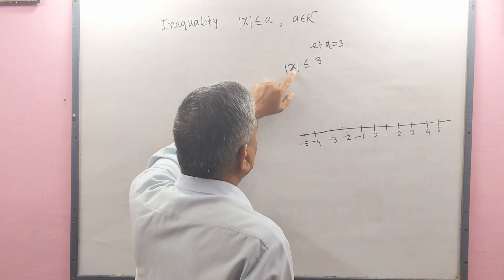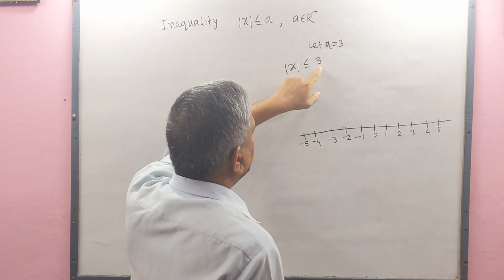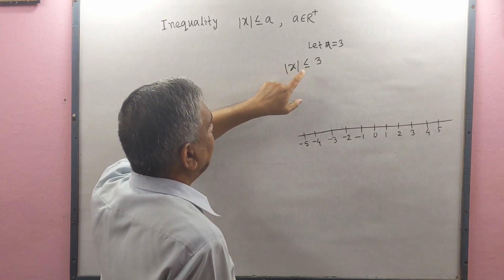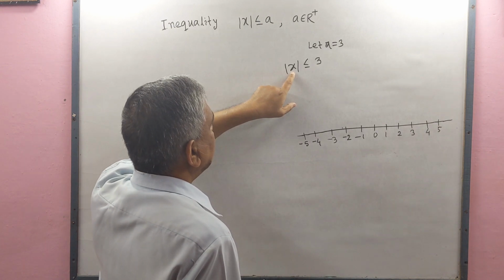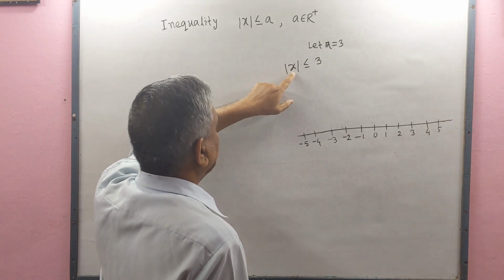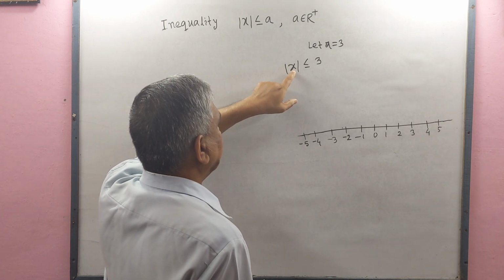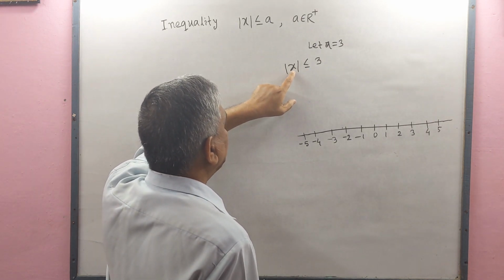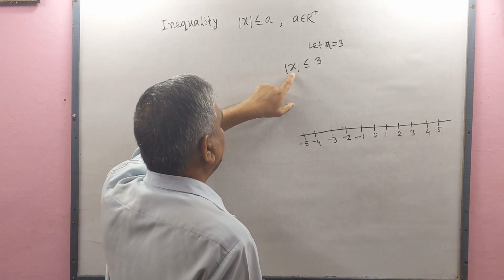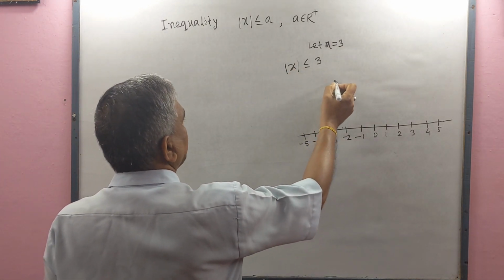If we put here 0, it is satisfied. If we put 1, modulus of 1 is less than 3. If we put 2, modulus of 2 is less than or equal to 3. For x equal to 3, modulus of 3 equal to 3 is also satisfied. If we put 4, modulus of 4 less than or equal to 3 is not satisfied. So the maximum value of x is 3.